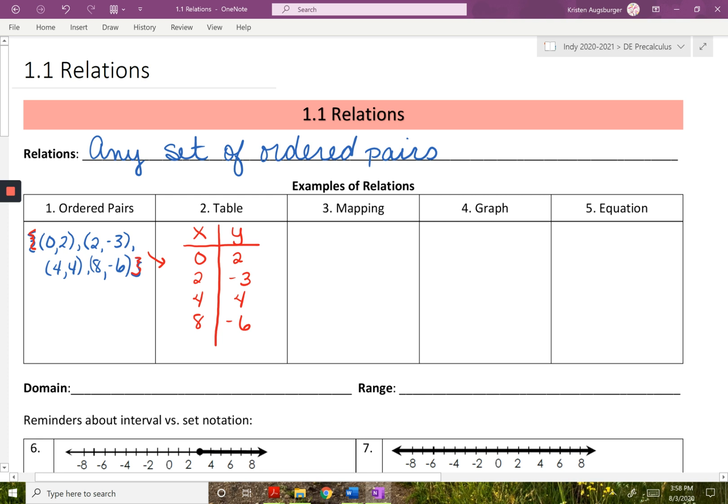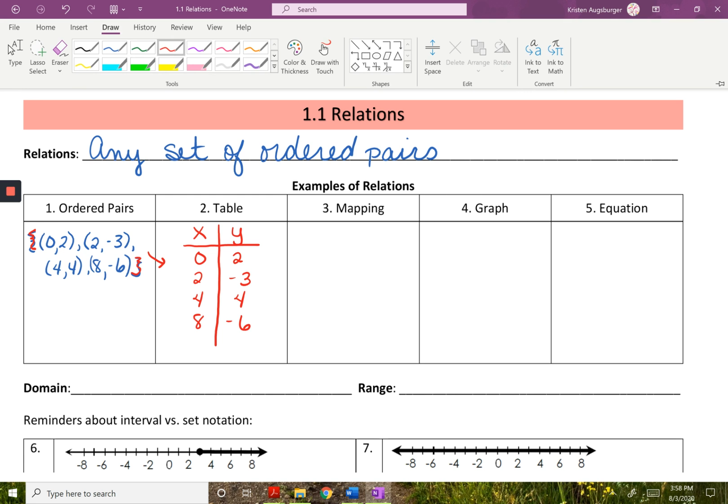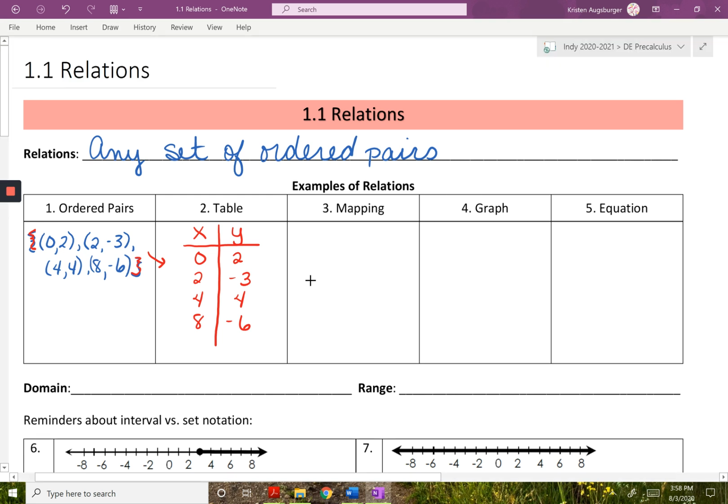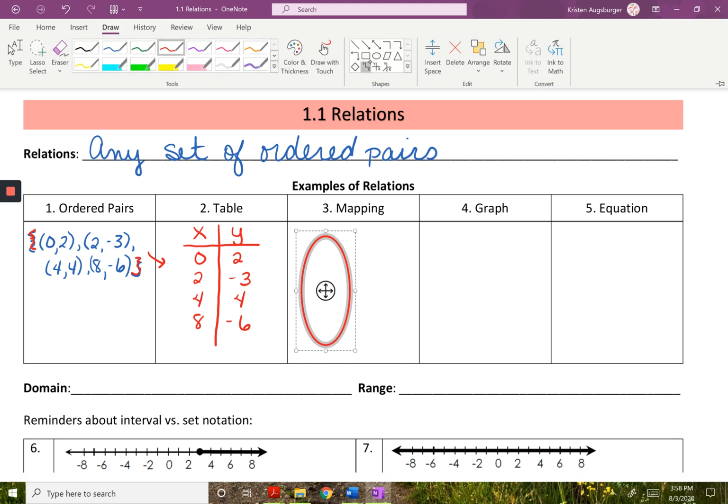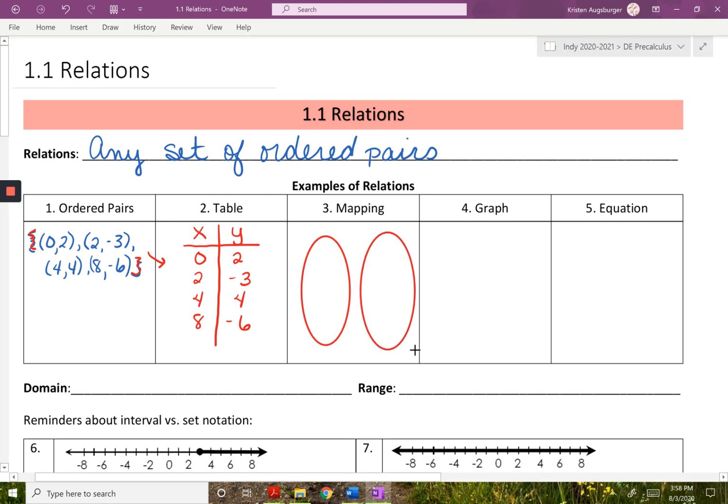Now, when we're talking about a mapping, that's generally just saying, if I have two groups, there's my first group, here's my second, and I'm going to map the same numbers. We have 0, 2, 4, and 8 as my independent variables. -6, -3, 2, and 4, those are my dependent variables.